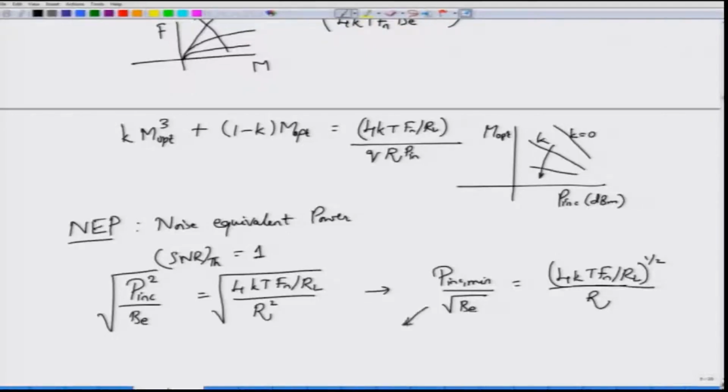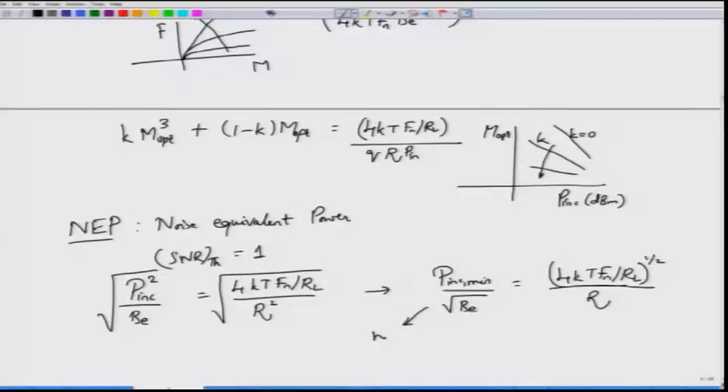The left hand side, which represents the minimum optical power per square root bandwidth, is typically measured in picowatt per square root hertz. The typical values are anywhere between 1 to 10, although some very good photodiodes have reached the range of femtowatt per square root hertz.